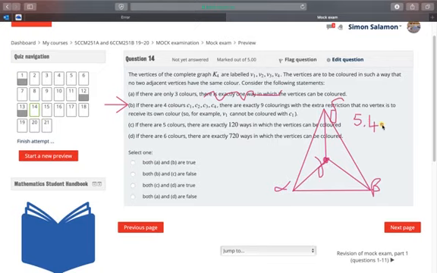Then we have 3 colours left, and we can choose one of those for vertex V3. And then for the last vertex, we have 2 colours left. That is 5 factorial. The fact I haven't added the 1 doesn't affect the number. It's 5 times 4 is 20, times 3 is 60, times 2 is 120. So this is actually a correct answer.